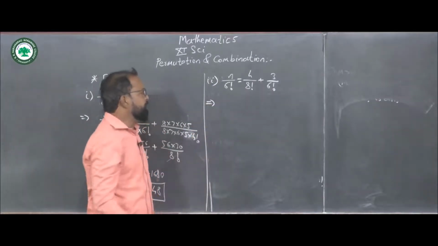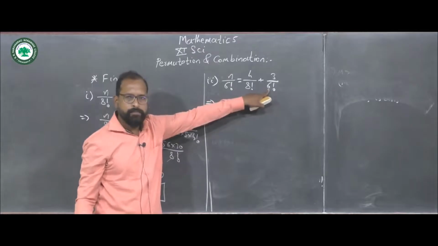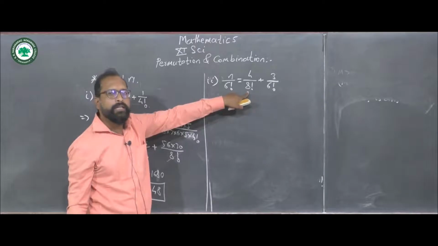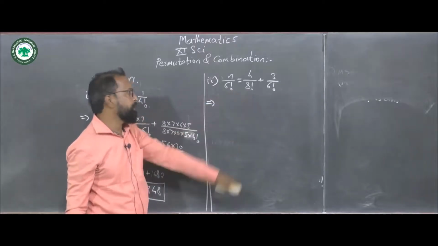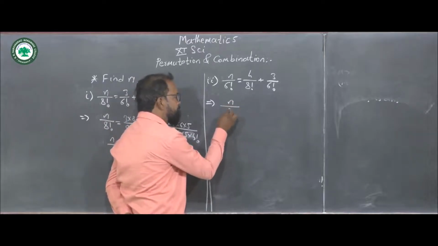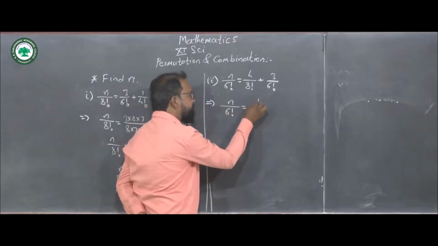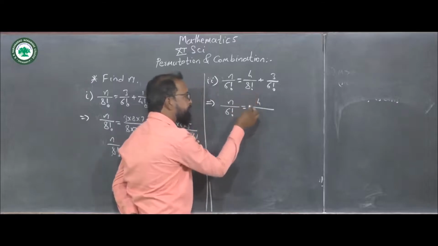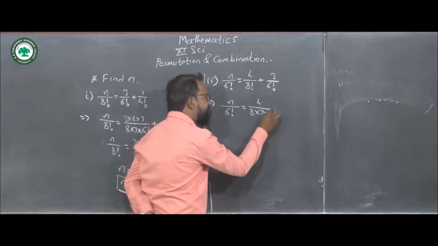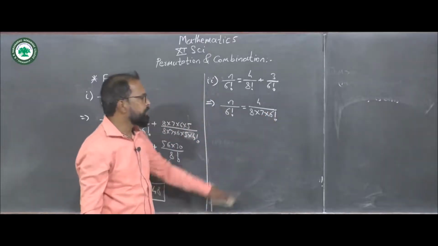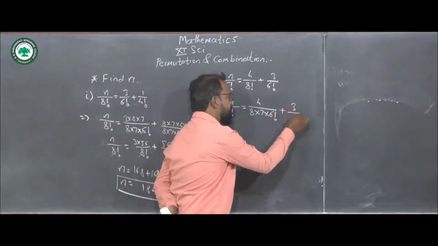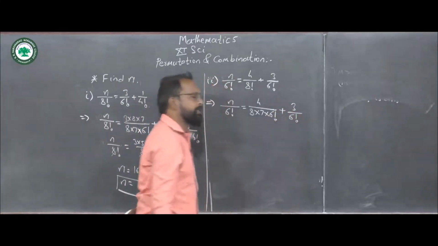Here there are two terms with 6 factorial, so it is easy to convert this 8 factorial in terms of 6 factorial. To solve this example, we write n upon 6 factorial equals 4 upon, this 8 factorial can be written as 8 into 7 into 6 factorial by using the property, plus this 3 upon 6 factorial as it is.